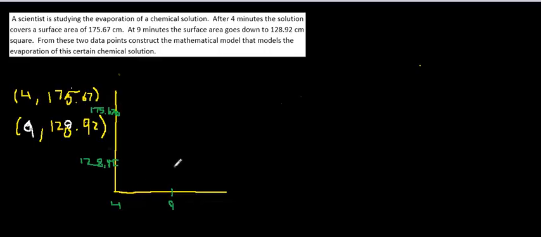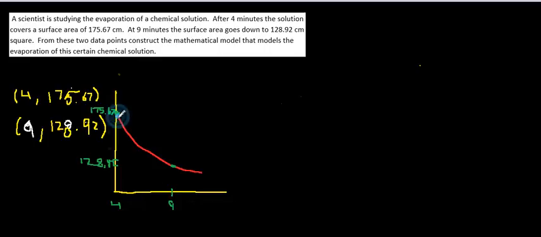And we could put that point right there. And so the curve, just to kind of get an idea, would look something like this. It's decaying exponentially. So we have a nice curve there.